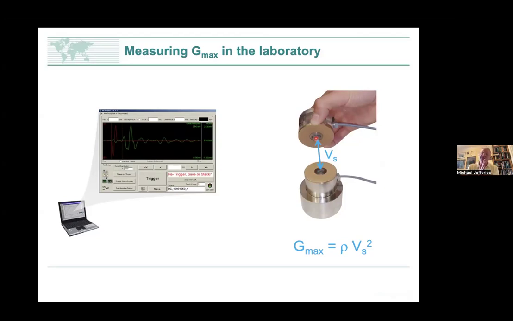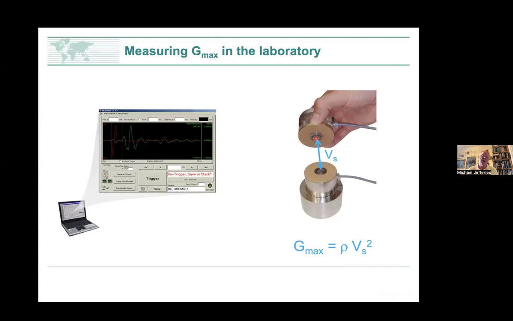So we can use an impulse of voltage to put a flick into the soil, which is a shear wave, and we can measure the travel time of the shear wave. What the guy is holding is the top cap and bottom cap of the triaxial apparatus. So we're doing this at the same time we're doing the other tests. It's almost free information.